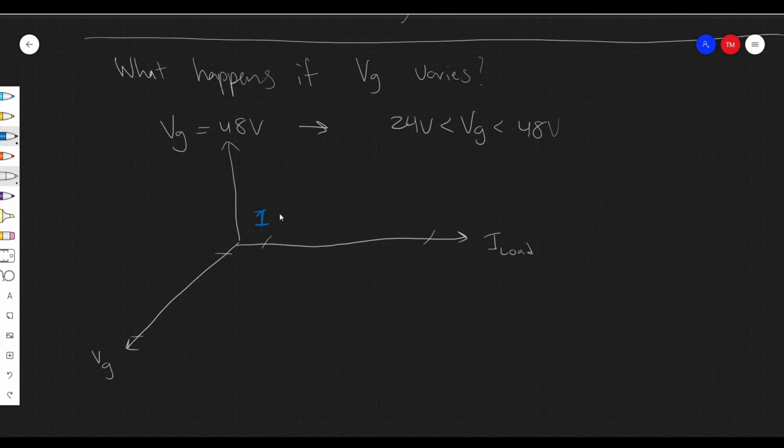And then maybe what you could do is say, okay, well, it goes from 1 amp up to 10 amps, and the voltage goes from 24 up to 48. And maybe you could come up with like a probability or a percentage of time that the converter operates in these different conditions, right? So maybe this is like percent time that it stays in these different operating conditions.